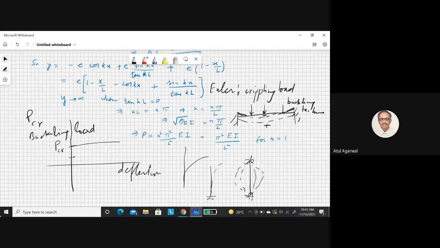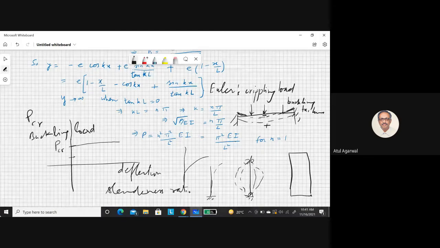So you have to design a proper cross section, a different kind of cross section for the compressive part. So you look at these issues if you are doing any design. There will be something called slenderness ratio. So what will that slenderness ratio depend on?